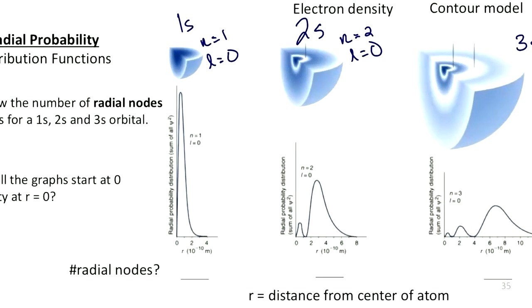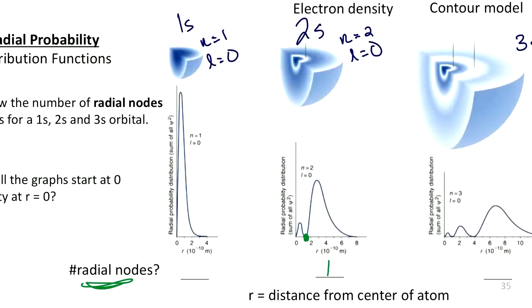And so this is what you see here for a 2s electron. Most of your probability of finding an electron is going to be further away from your nucleus, but there's still a tiny probability you might find an electron close here. But we see there's a spot where the graph goes to 0. And right there where that graph goes to 0 is what we call a radial node.